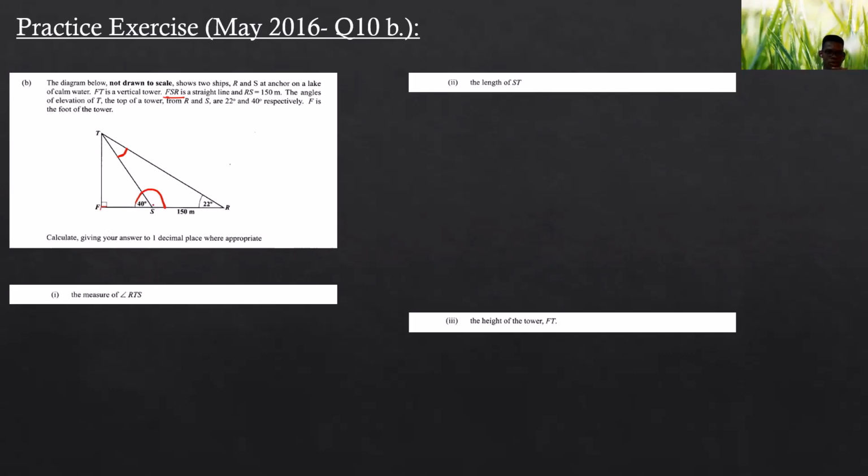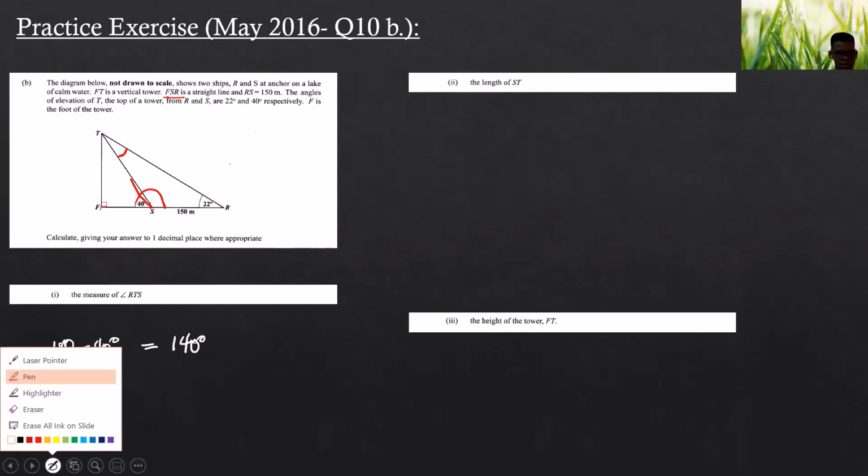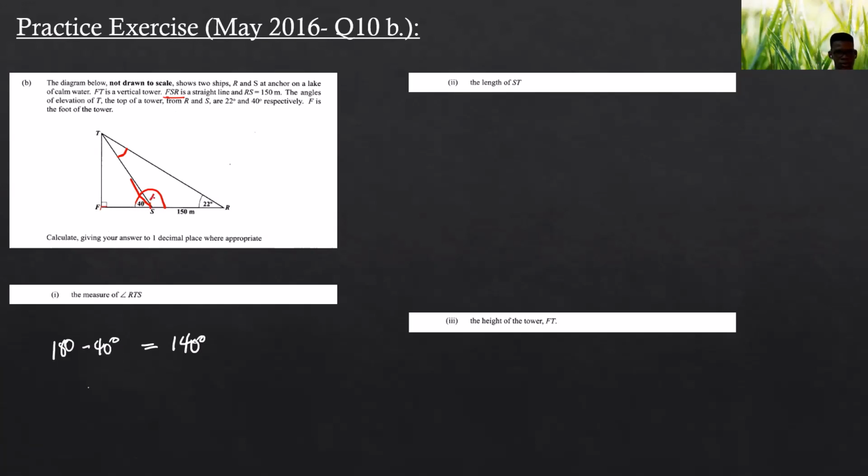So if this portion of the angle is 40 degrees, and this entire angle is 180 because it's a straight line, then we can find this other angle. This is one approach we can use. It is 180 subtracted by that 40 degrees, which is equal to 140 degrees.